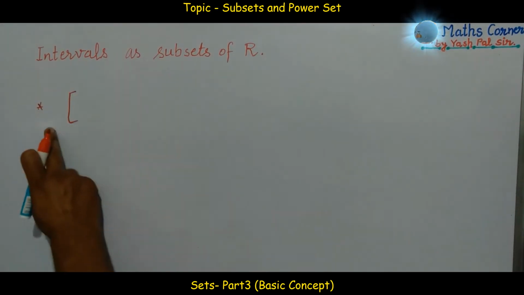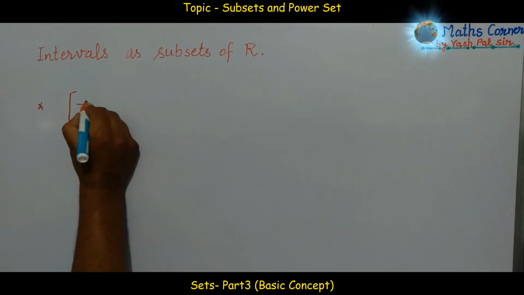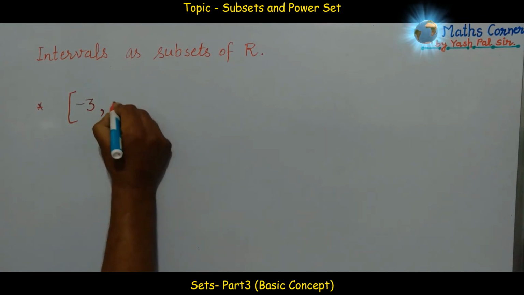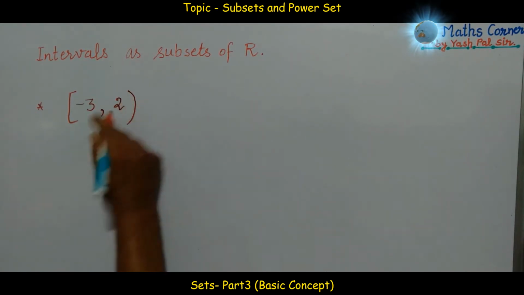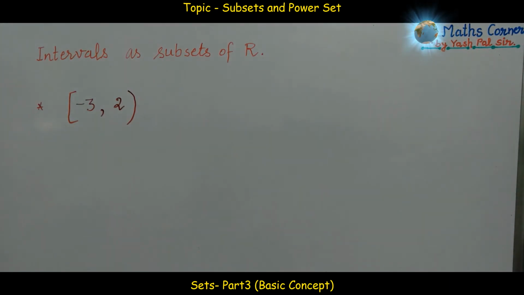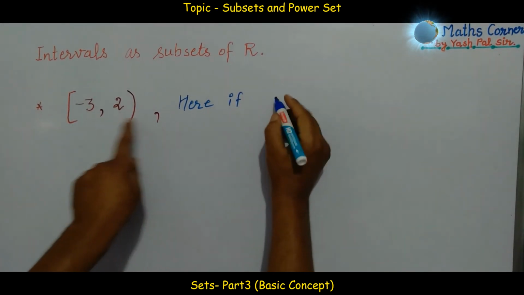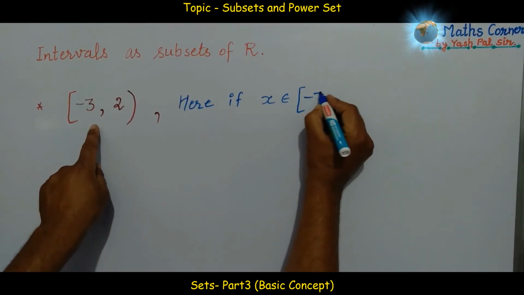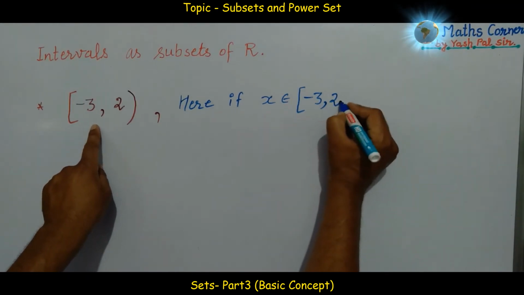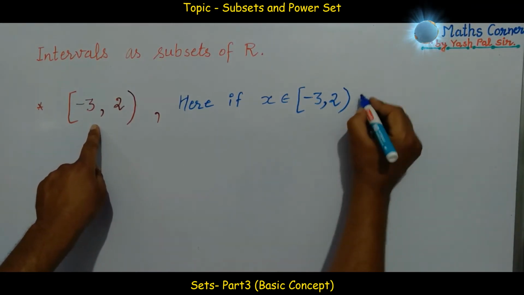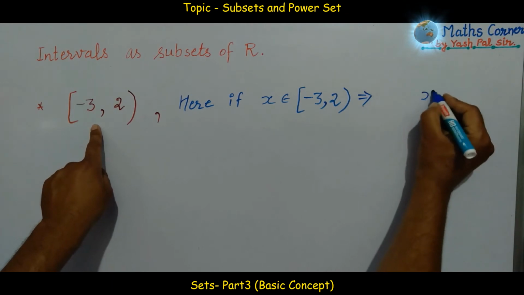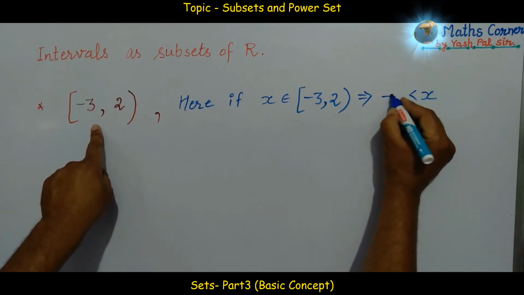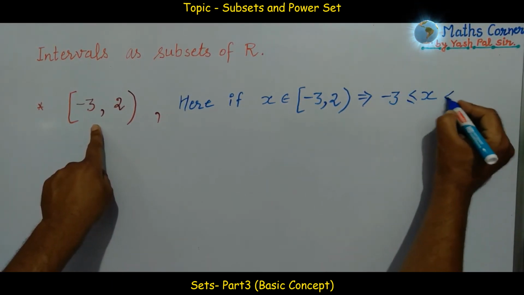Suppose we take here minus 3 to 2, closed open bracket. Here if x belongs to this bracket, minus 3 to 2, it means x is greater than or equal to minus 3 but less than 2.